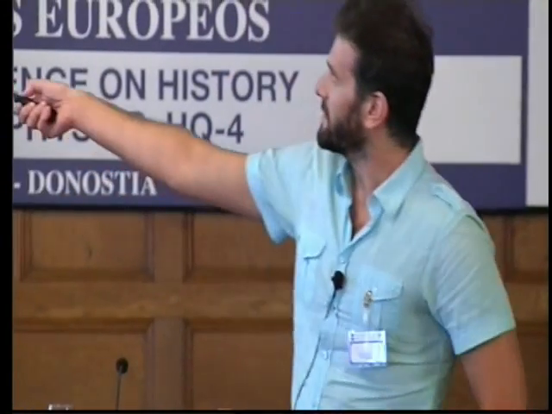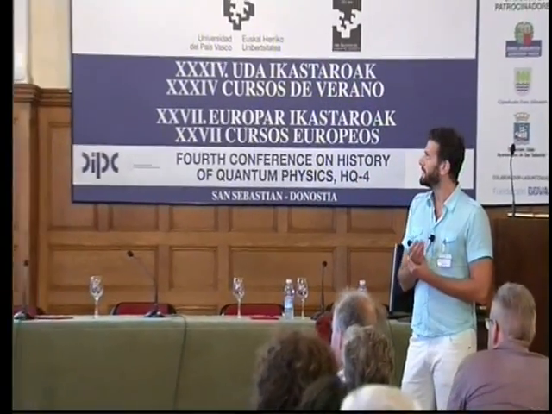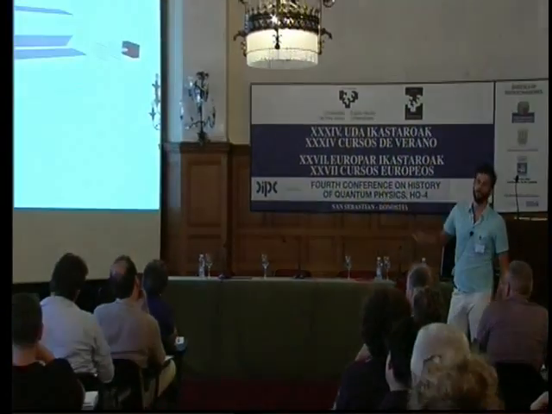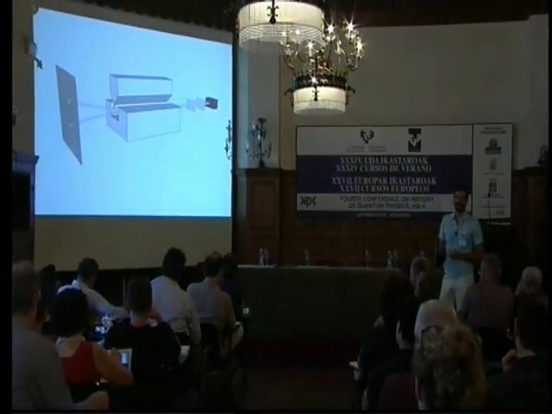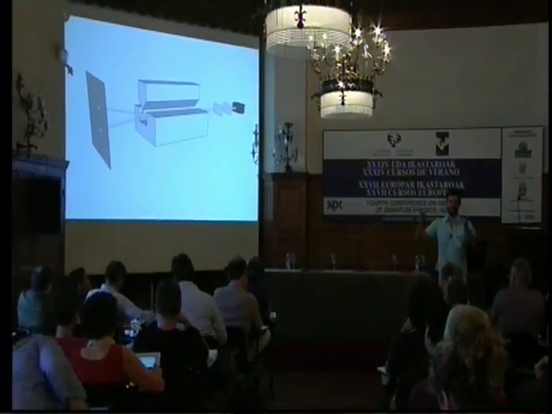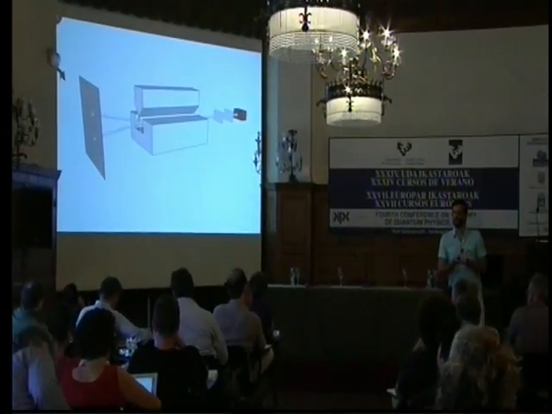Just in case some of you don't remember, I'll revisit very briefly what this experiment is about. The experiment starts in an oven, where we put some silver and heat it up, so we produce a beam of silver atoms. Then we collimate this beam through two slits, and this collimated beam passes through an inhomogeneous magnetic field, produced by an asymmetric magnet, this V shape of the magnet.